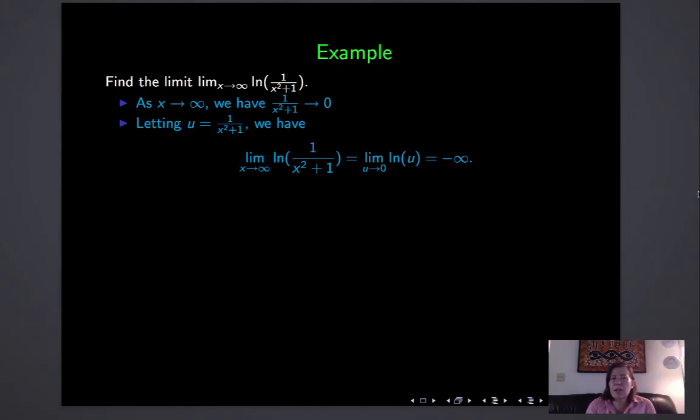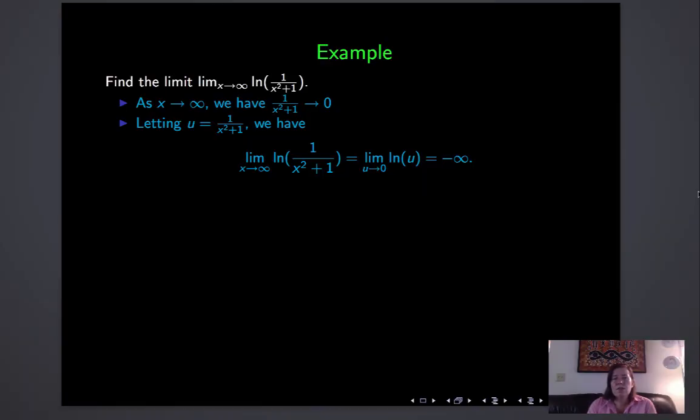Now we can reshape this limit by a substitution. If we let u equals 1 over x squared plus 1, the limit as x goes to infinity of the natural log of 1 over x squared plus 1 is the limit of the natural log of u as u approaches 0, because we've established that as x approaches infinity, u approaches 0.